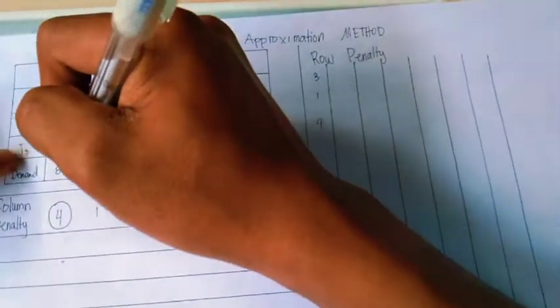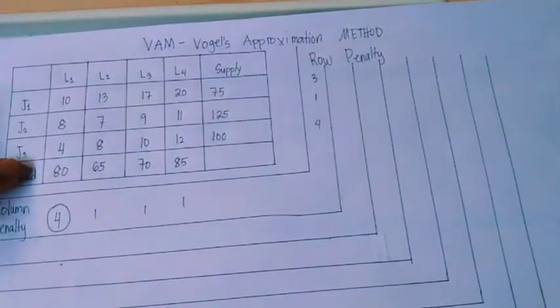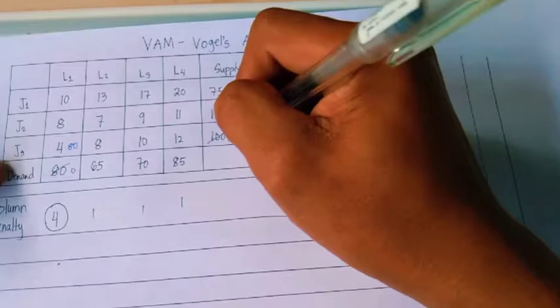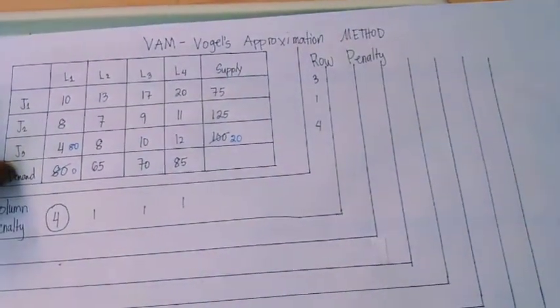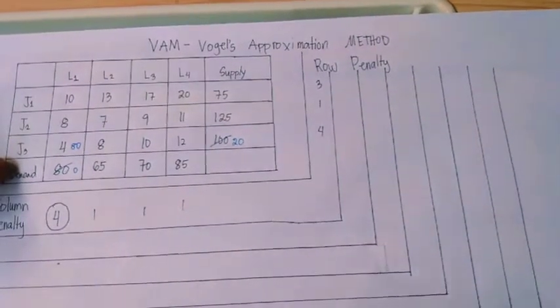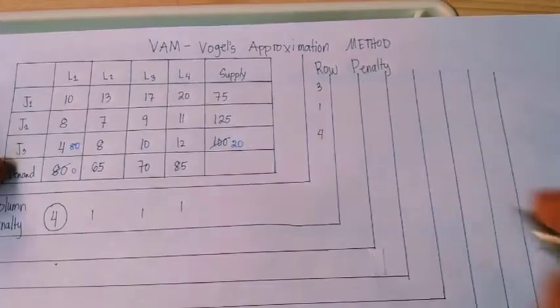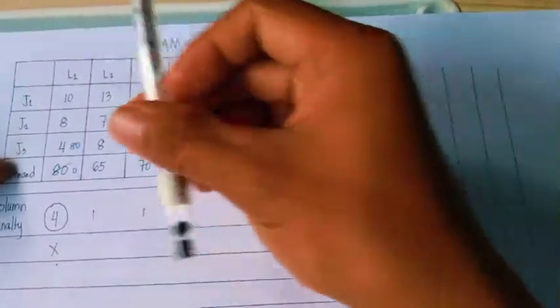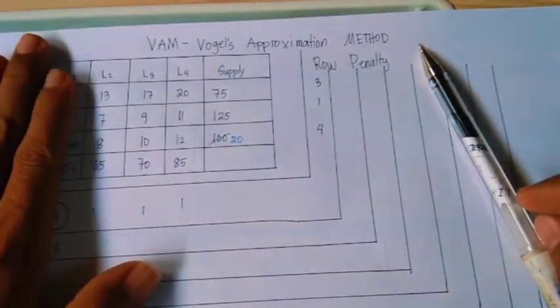So we will put 80 to satisfy our demand and subtract it from the supply. We make the same process. Since it is already done, we put X here and let this row be imaginary.